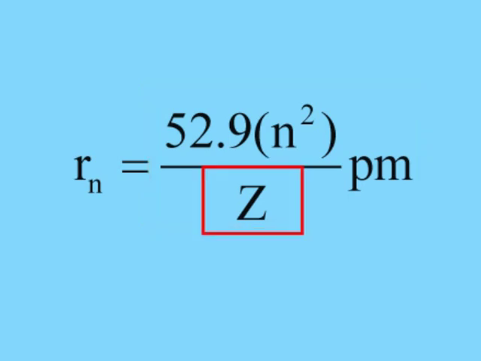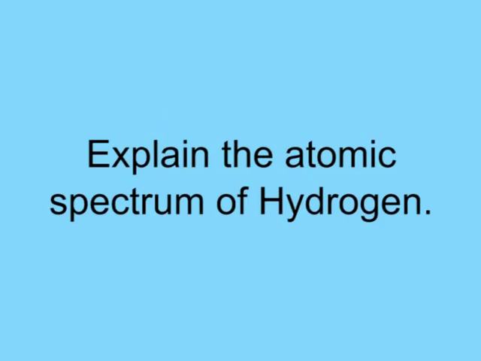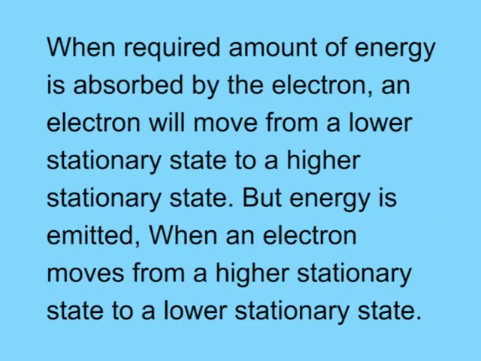Here, Z represents the nuclear charge, which is equal to atomic number. Let us see how Bohr's model explains the atomic spectrum of hydrogen. We know when the required amount of energy is absorbed by the electron, an electron will move from a lower stationary state to a higher stationary state.